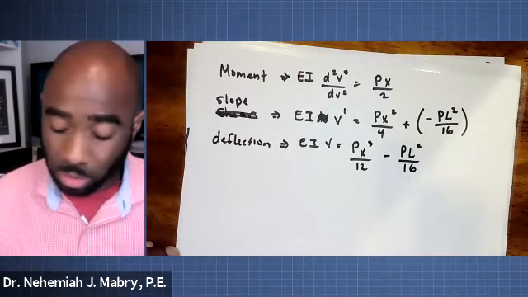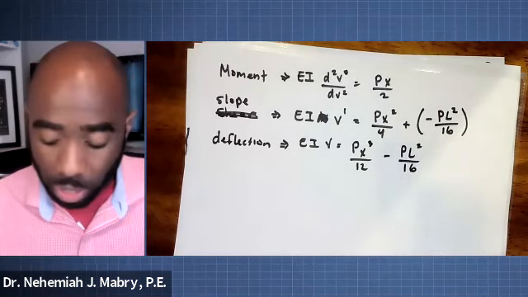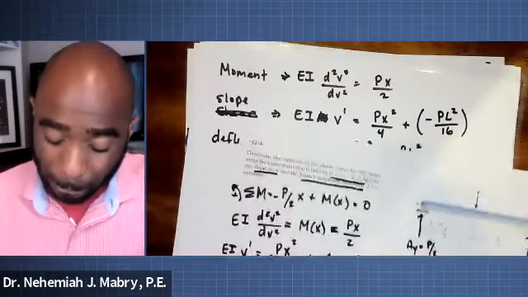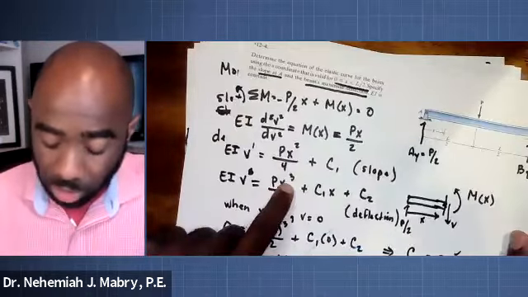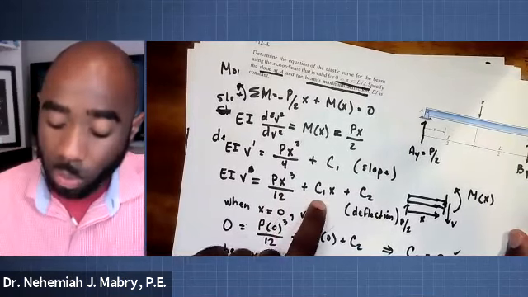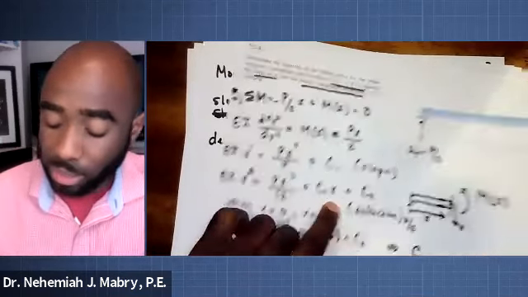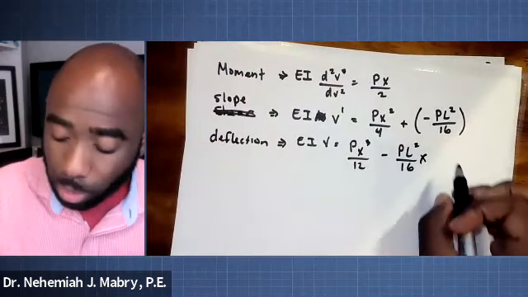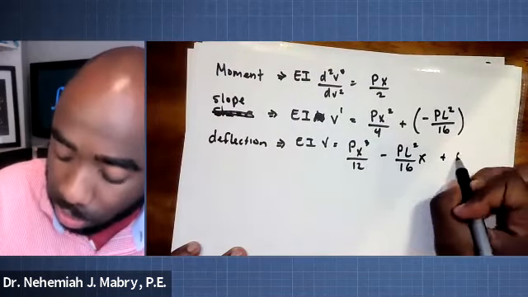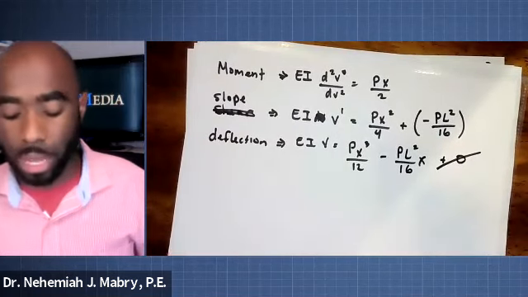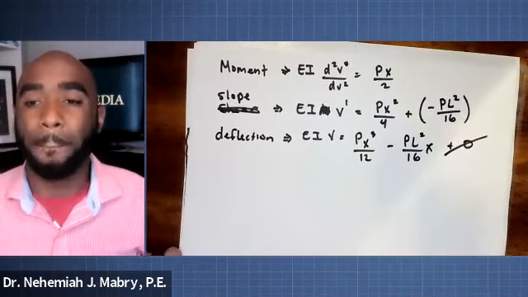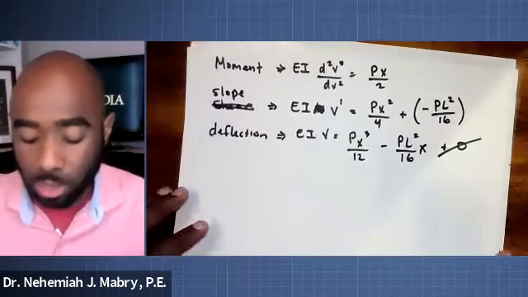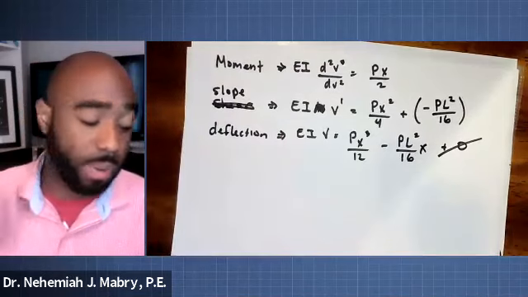Let's not forget our equations. I'm taking this directly from what we just got, right? Px cubed over 12 plus C1 times x plus C2, which we already determined to be 0. So we really don't even need to write that. So those are our actual definitive equations for the moment, the slope and the deflection.